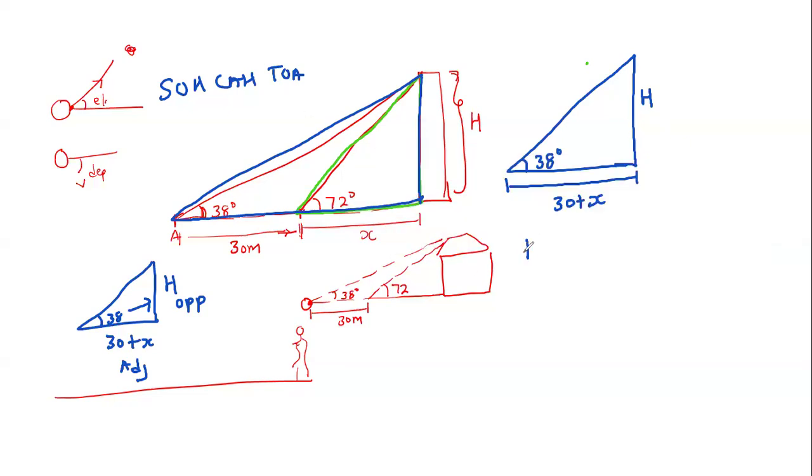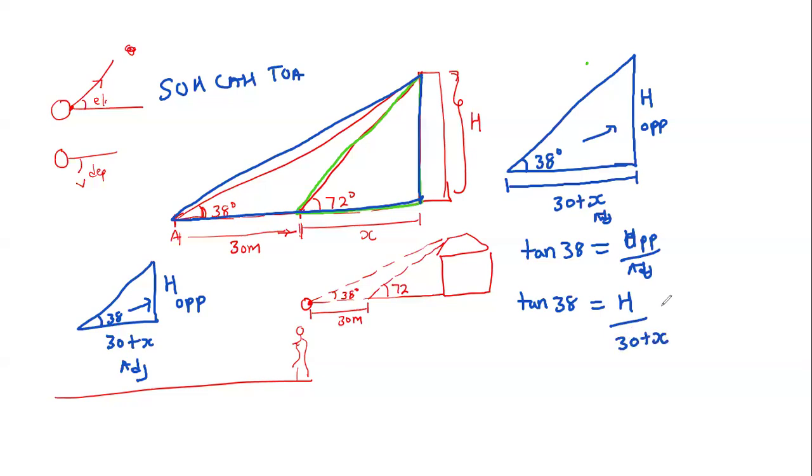So here I'm going to say the tan of 38 will equal my opposite, which is h, divided by the adjacent. So we shall have our opposite out of the adjacent. So I will say tan of 38 will equal opposite, which is h, divided by adjacent, which is 30 plus x.